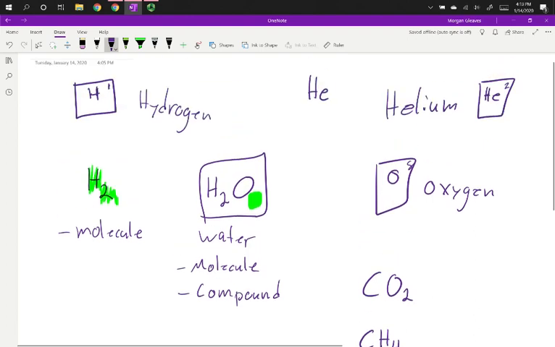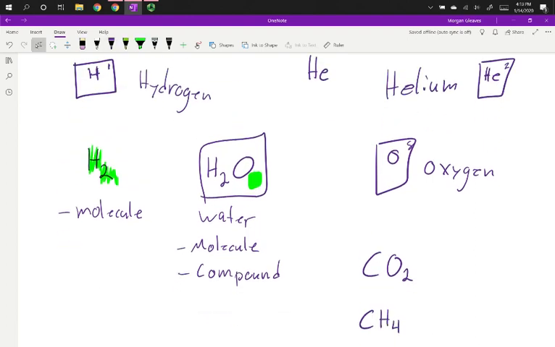So the idea is these letters, whether it's one or two, an H, an O, an He, a C, represent the different elements, the different types of atoms that exist. Each atom behaves very differently, and each needs its own symbol, so we can tell you exactly which atom we are working with in a molecule.